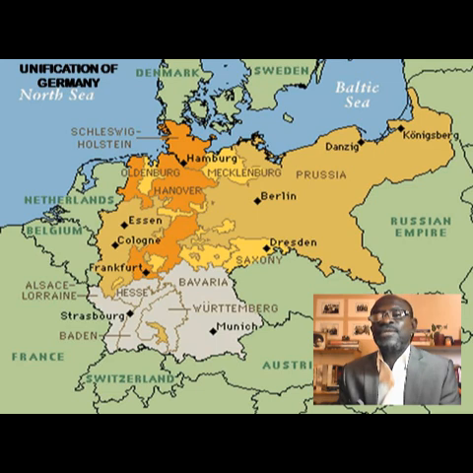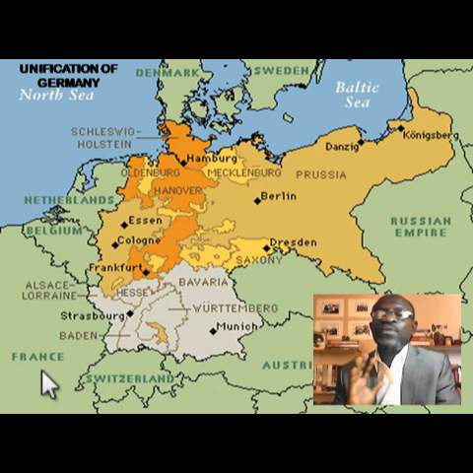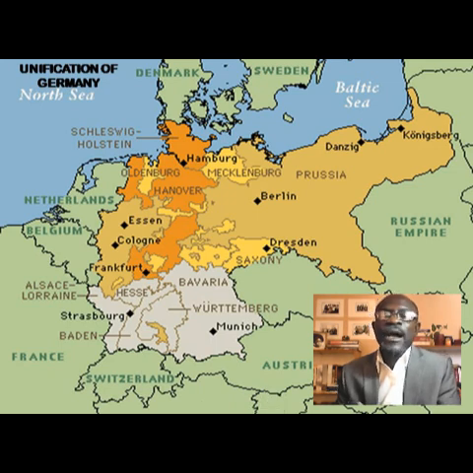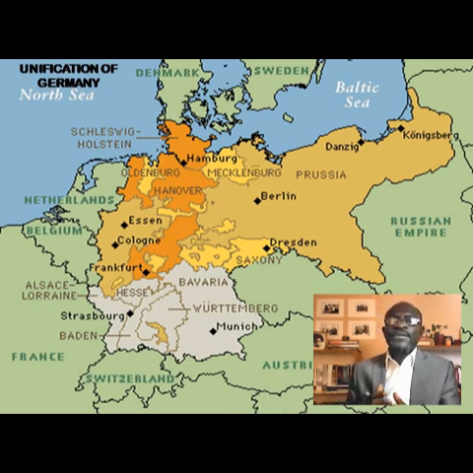One of the key challenges was the fact that the balance of power in Europe at this point in time would not allow Germany to be unified in Central Europe, because France wanted to remain as the major power. And the fact that France wanted to remain as major power was one of the key factors that stood, so to speak, against the unification of Germany.